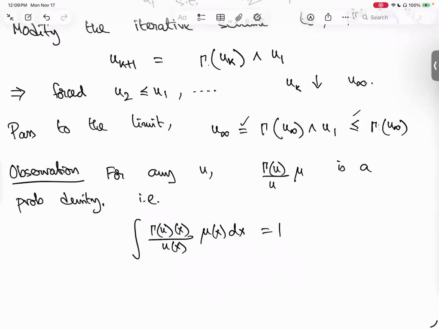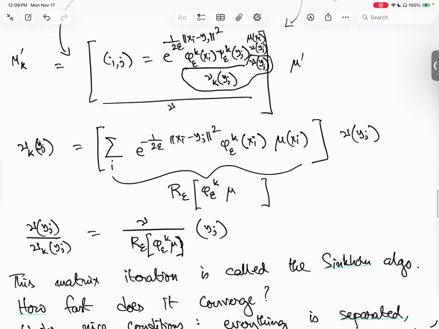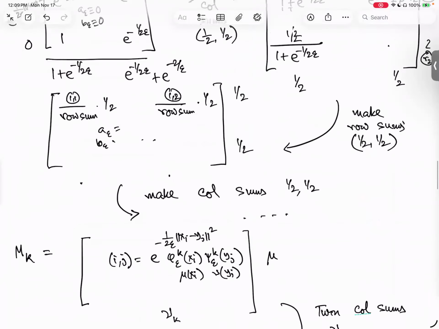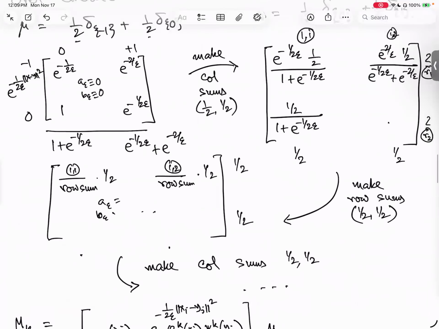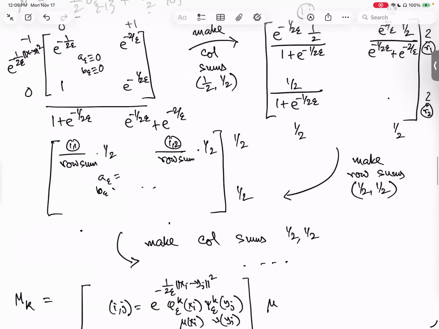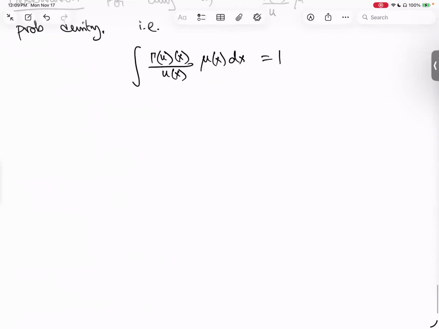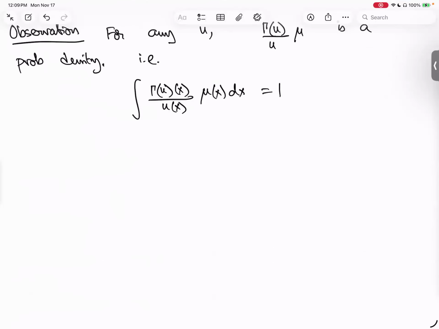Now, why is this happening? You can prove it by direct algebra, but this is really a consequence of the Sinkhorn algorithm which is running in the background. So why is this true?